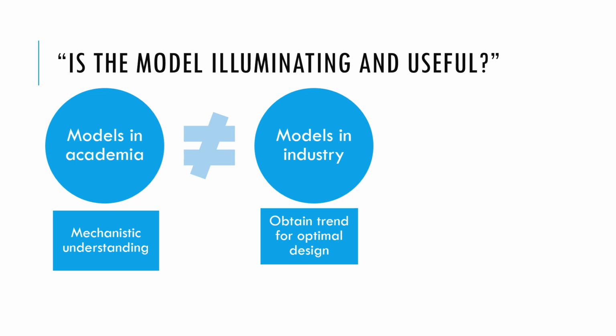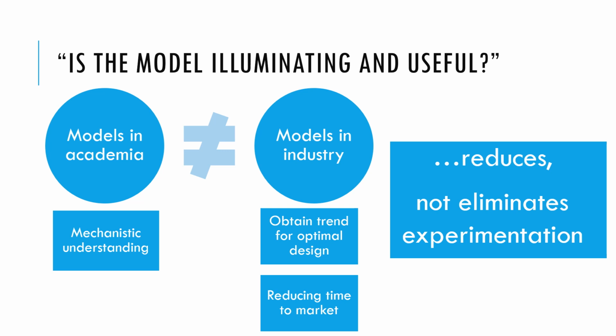In contrast, for models in industry, we often want directionality, to obtain trends in optimal design, or to see how we can reduce time to market. So some of those models that are simpler may be good enough for some industrial implementation. And finally, modeling reduces experimentation, but it does not eliminate it.